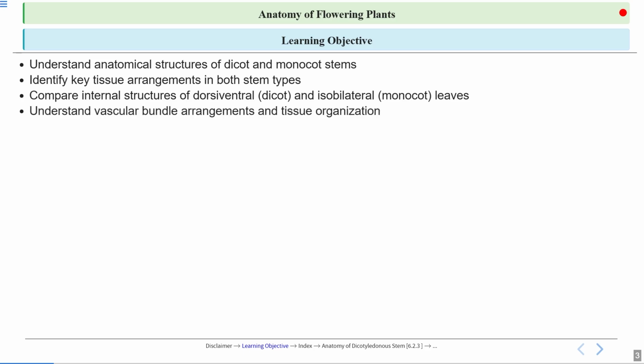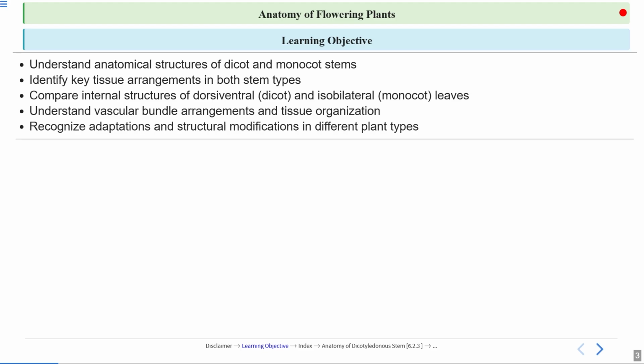Next, to understand the vascular bundle arrangement and tissue organization, we will see what types of vascular bundles are arranged in the stem and leaves, and what the different types of tissue organization are in this.